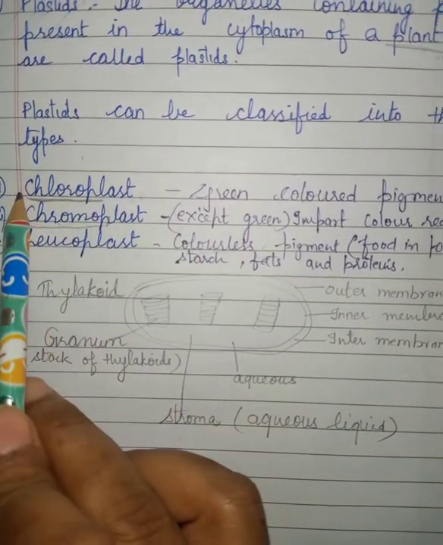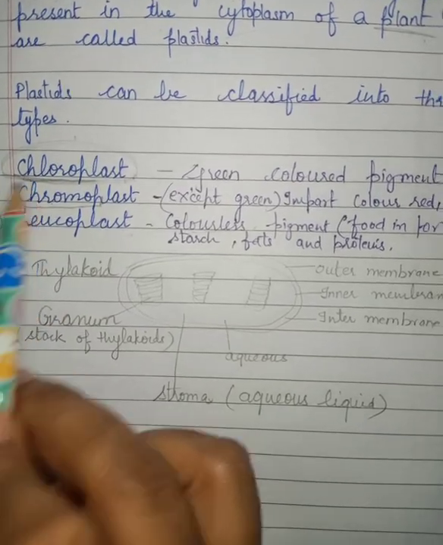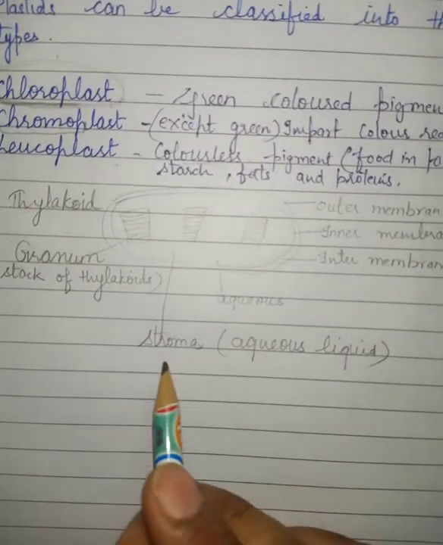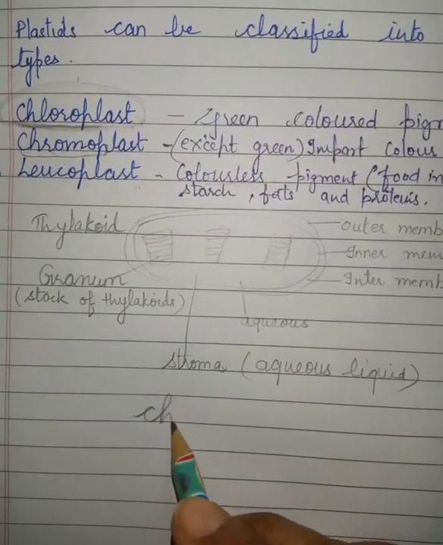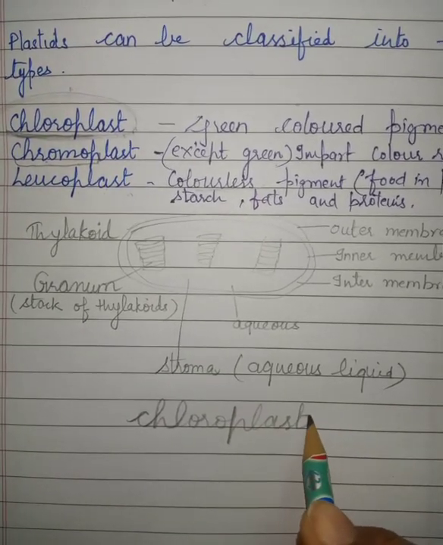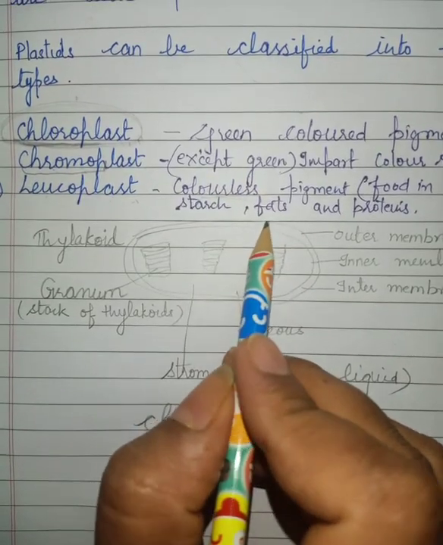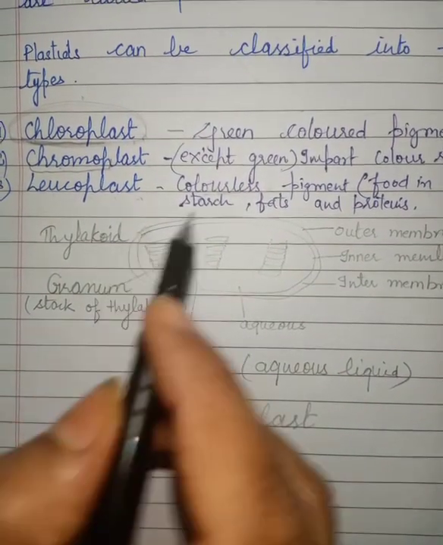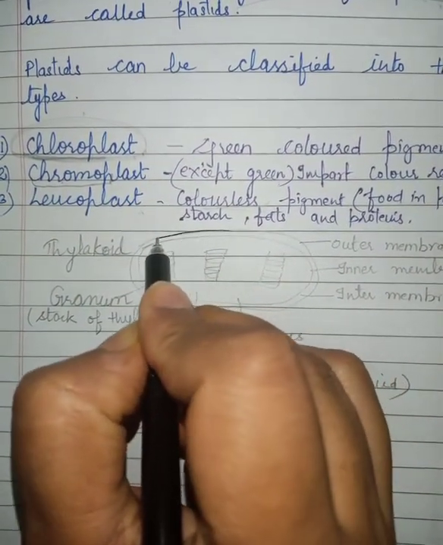Now we are going to discuss the structure of chloroplast. I have the structure of chloroplast. Already the structure is also in your book. So how to draw? In this we can draw that chloroplast contains two membranes.